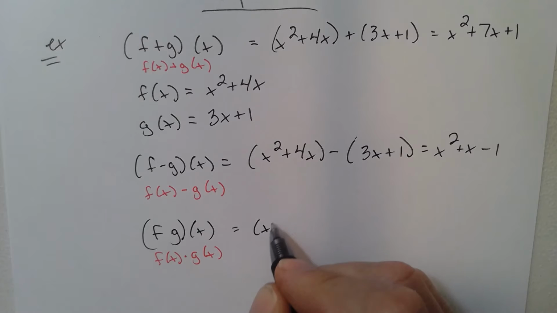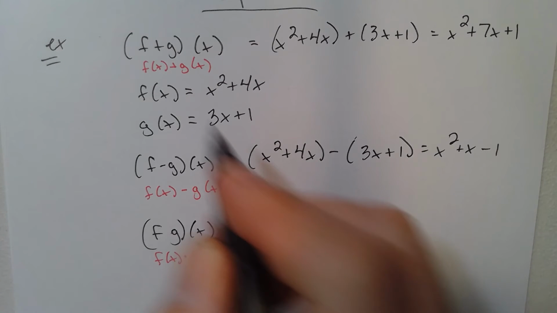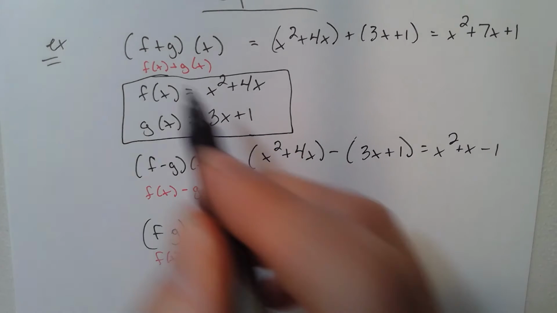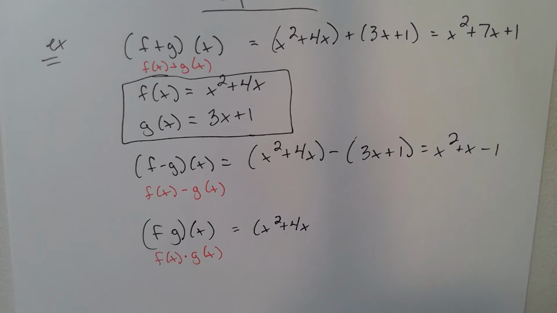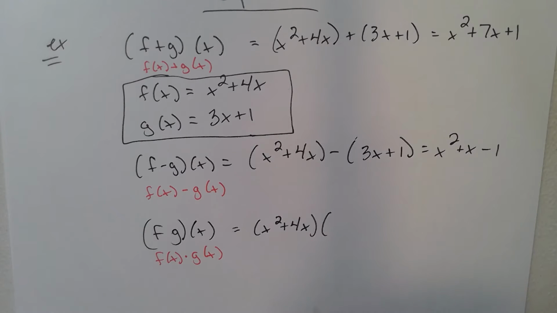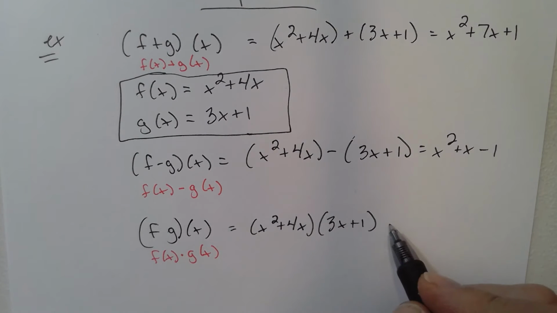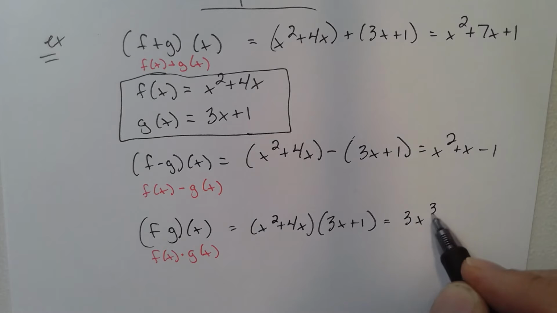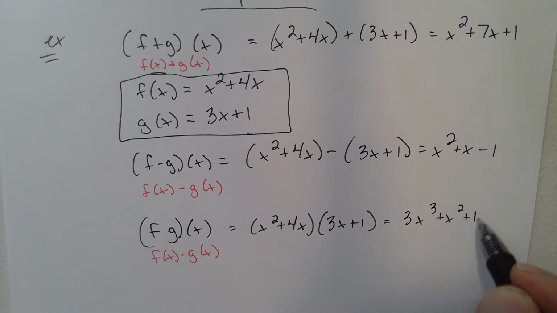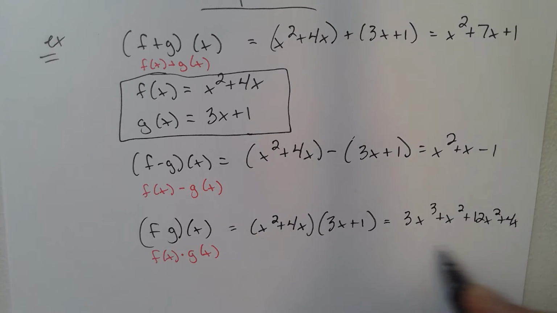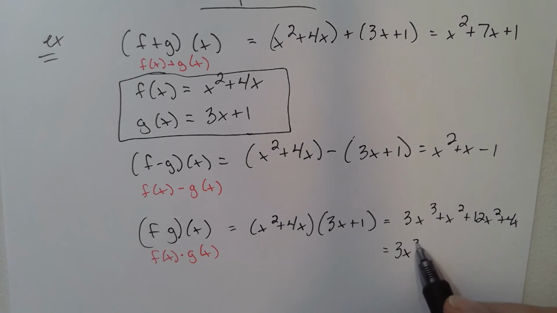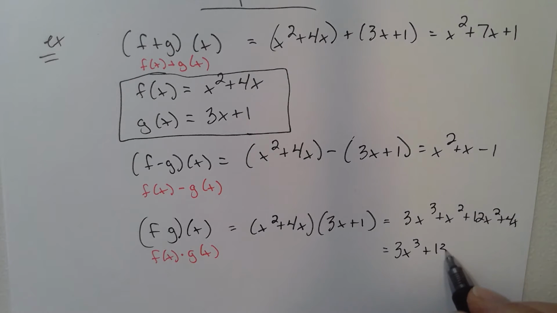So it would be x squared plus 4x, these are the two functions here, so it would be f of x times g of x, and then we would just have to FOIL it or use the generic rectangles. So I'd get 3x cubed plus x squared plus 12x squared plus 4x. So 3x cubed plus 13x squared plus 4x.